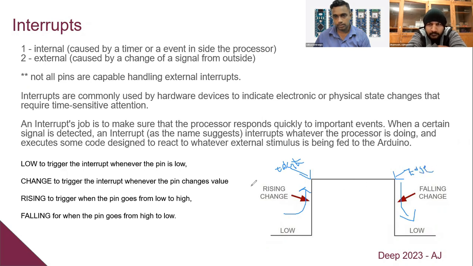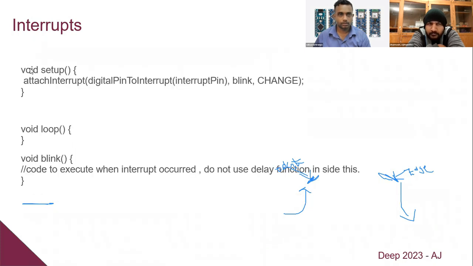If you write the code to detect this, when the signal arrives here, the processor will tell you, okay, I have detected that rising edge, tell me what you want to do with that. This is how you use interrupts.